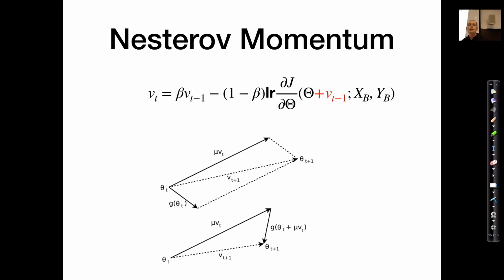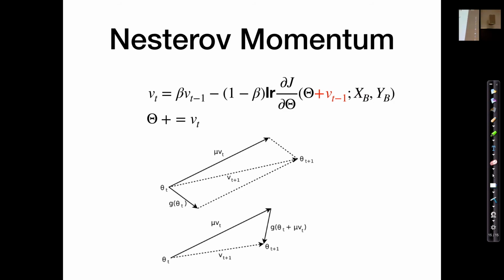And this is similar to the vector diagram I was showing. This is actually from the paper. So this shows that we're calculating the gradient at time t. We have our old velocity, and so we're going to just move by the sum of those vectors.